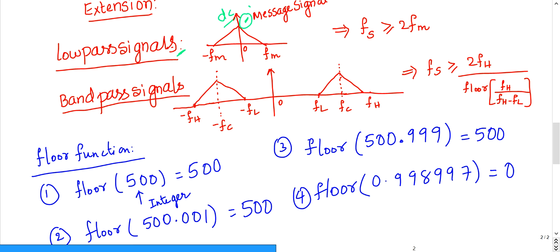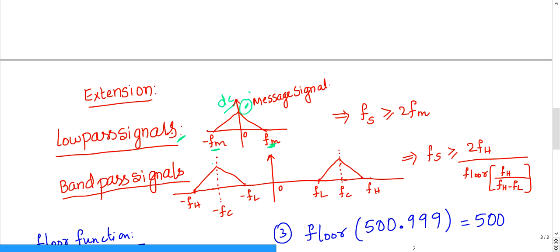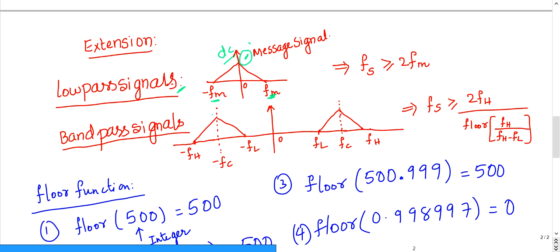So for low pass signals, my highest frequency component will be FM. The message signal is indicated as below. For this message signal, the sampling frequency must be greater than or equal to 2 times the maximum frequency component of the message signal.